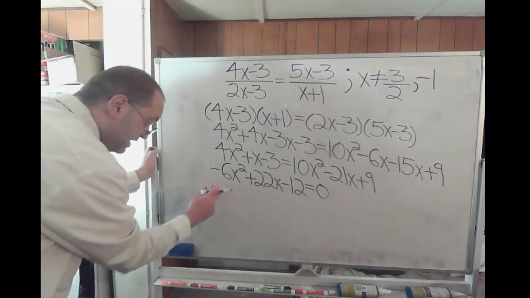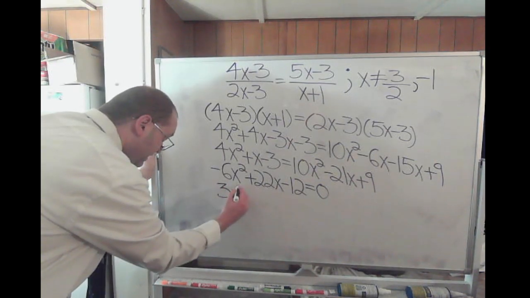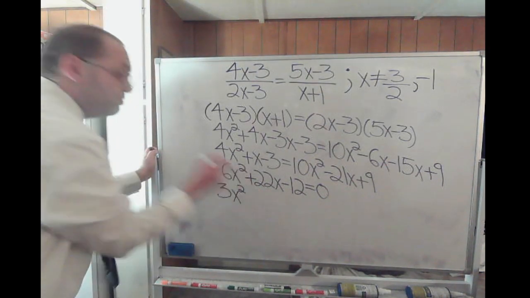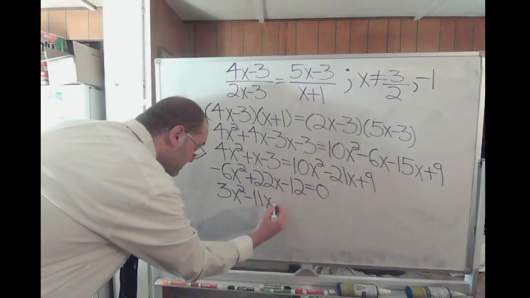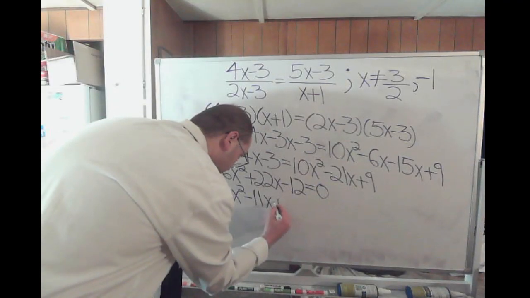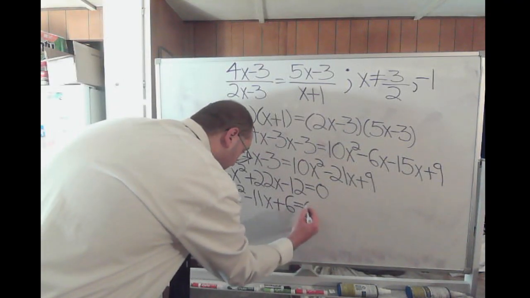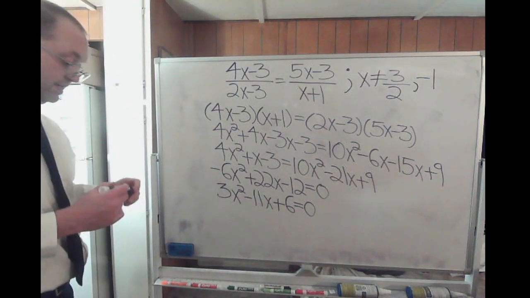If you divide negative 6 by negative 2, you'll get positive 3, so you would get 3x squared. Then divide your positive 22 by negative 2, you'll end up getting minus 11x. Then divide negative 12 by negative 2, you would get positive 6. So now what you've got is 3x squared minus 11x plus 6 equals 0.